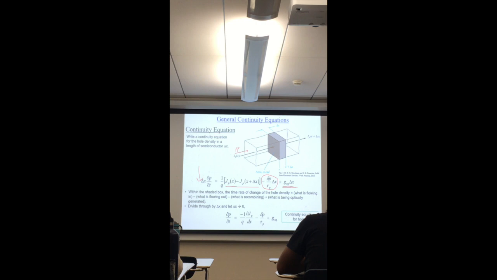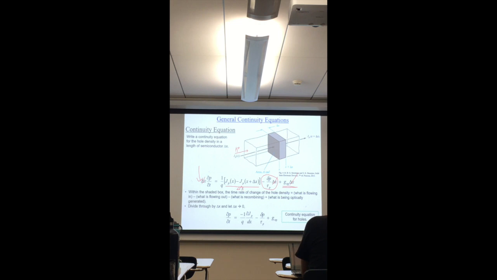Now, for this equation, we have this delta x, and we would like to remove it, so we can divide by delta x on both sides. We remove the delta x here and here, and here we have this divided by delta x.